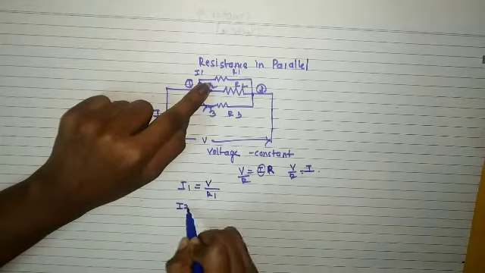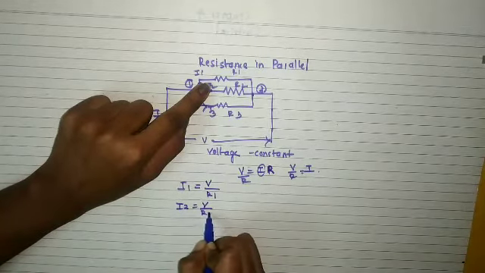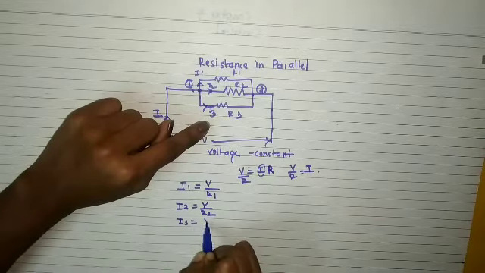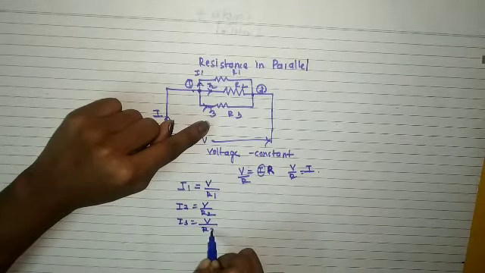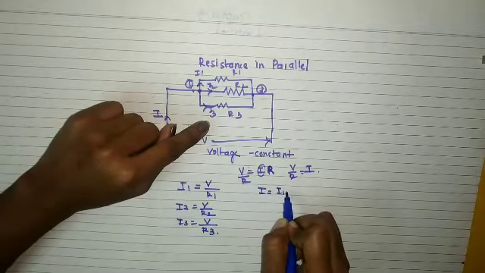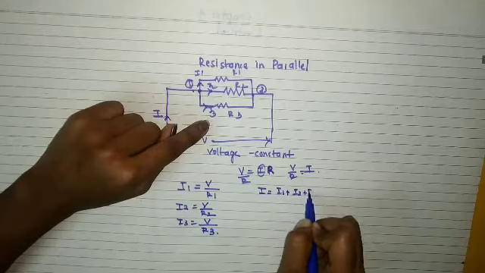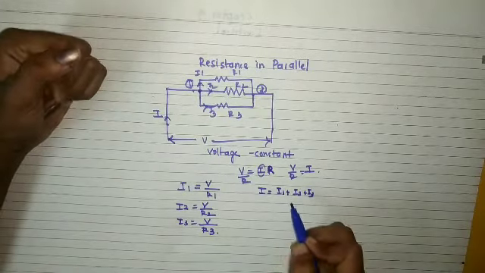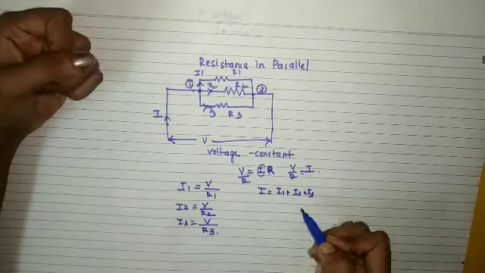For I2, it is V by R2 because I2 is flowing through R2. For I3, V is constant and R3. Now I is equal to I1 plus I2 plus I3, that is the total current.